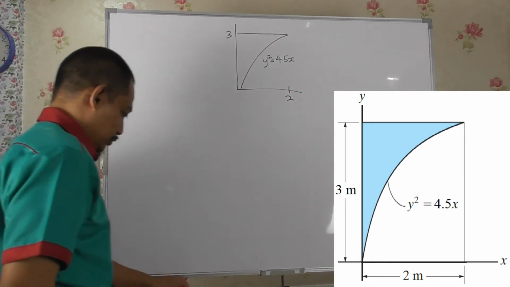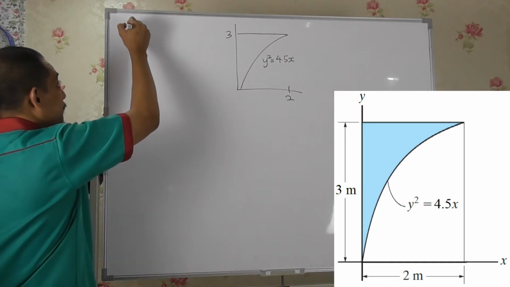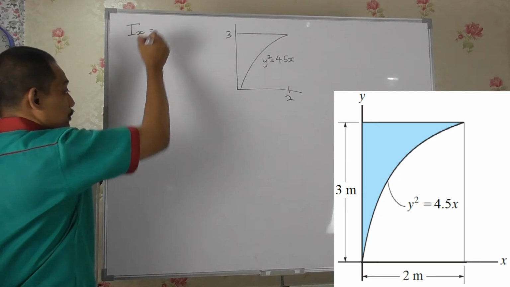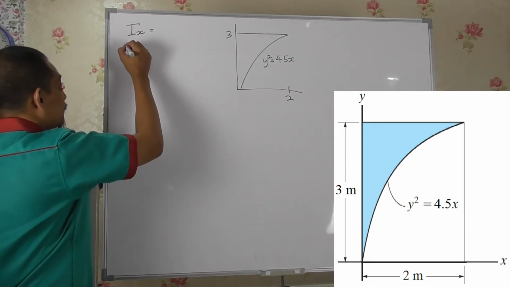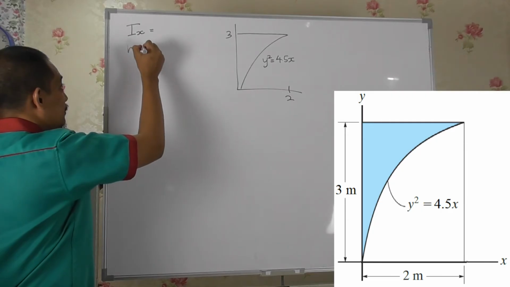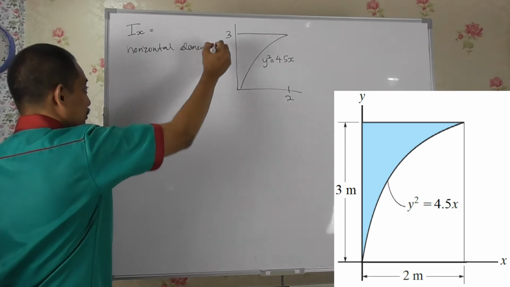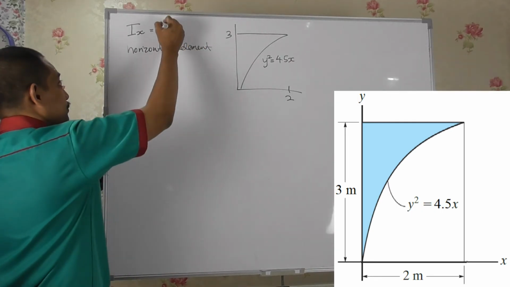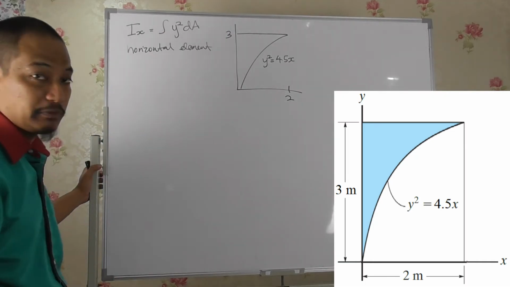For part A, you need to find Ix using the horizontal element. For the horizontal element, Ix will be equal to the integration of y squared dA. That will be the equation.